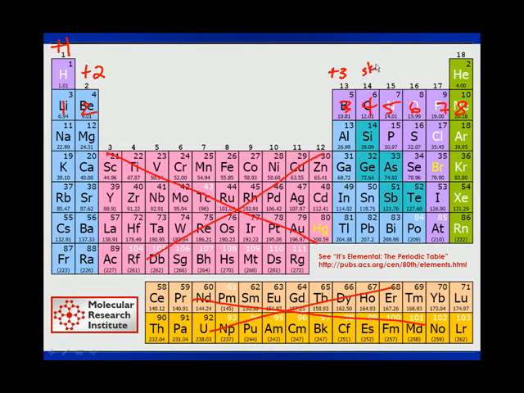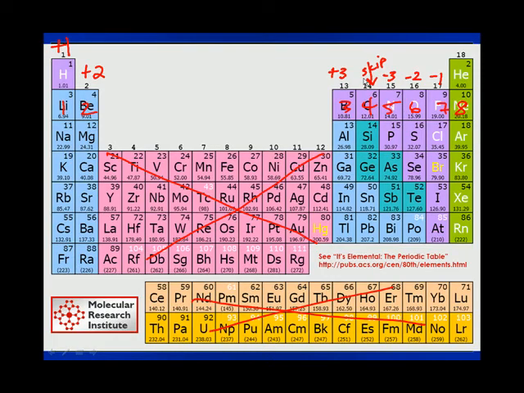We are going to skip group 4A for now, okay? And then we have 5A. Group 5A needs 3 more electrons, so it's going to form a -3 ion. Group 6A is only 2 away, so it's -2, and group 7A is a -1.